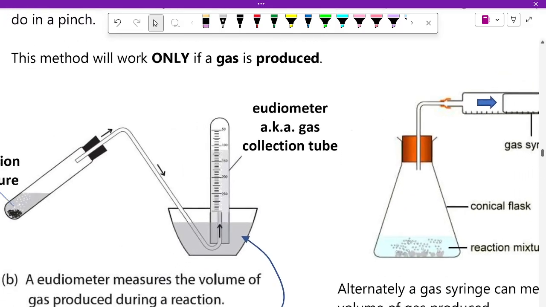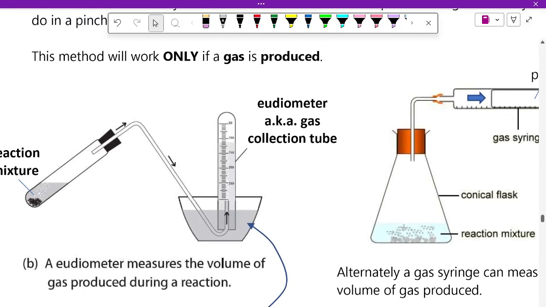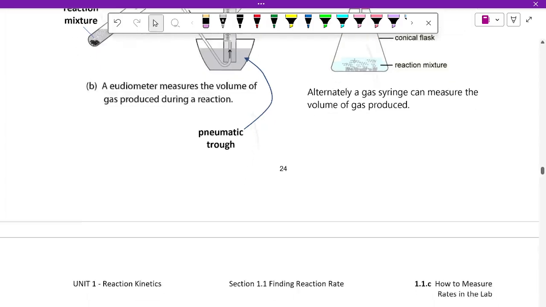You just need to be able to look at it and go, I am collecting a gas, I am measuring the volume of the gas. If you were given a picture like this, you'd say, I'm measuring how much volume of gas is produced.